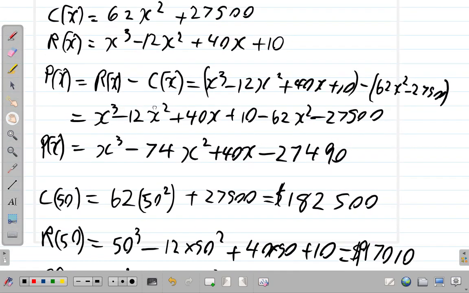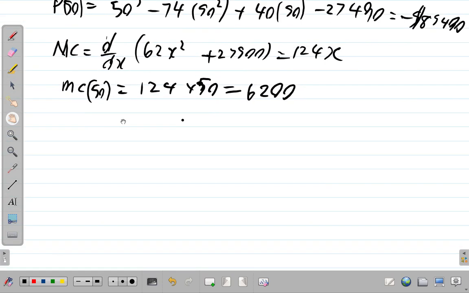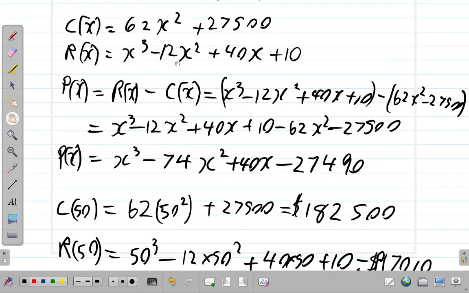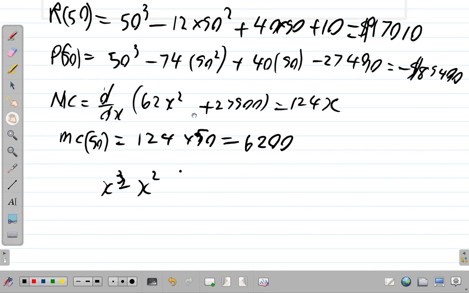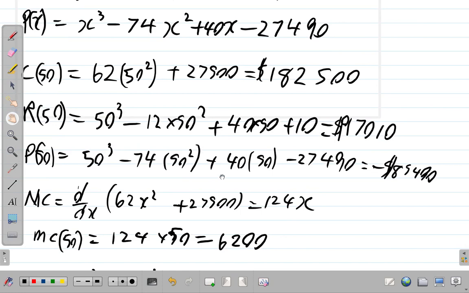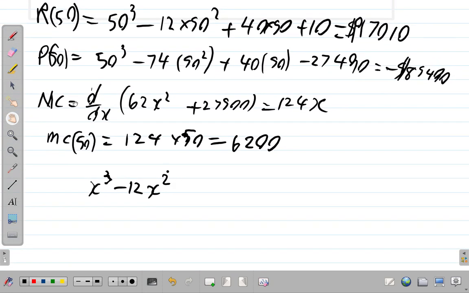Total revenue was x cubed minus 12x squared plus 40x plus 10.